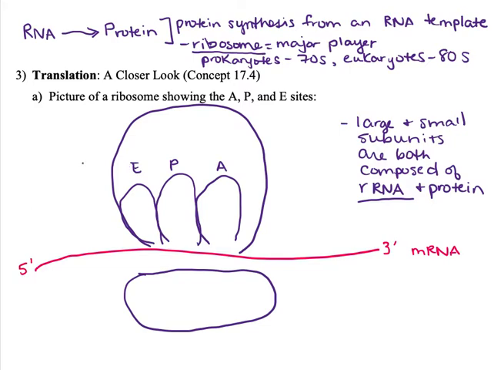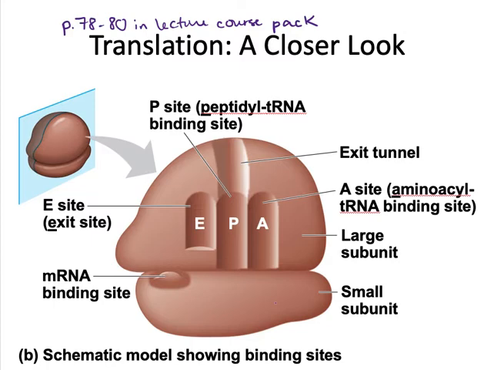We'll define these later. In your book, the A site is referred to as the aminoacyl tRNA binding site. The P site refers to the peptidyl tRNA binding site, and the E site stands for the exit site. So that one's pretty self-explanatory.